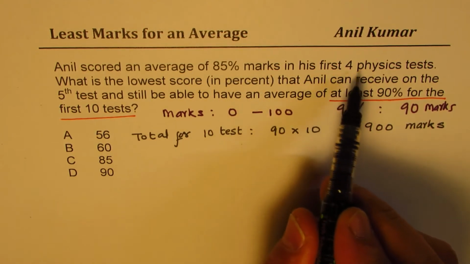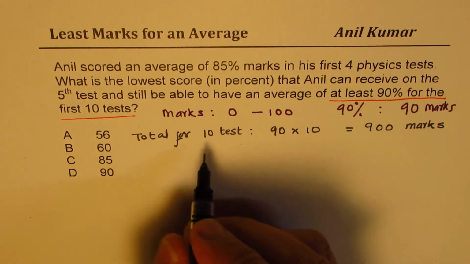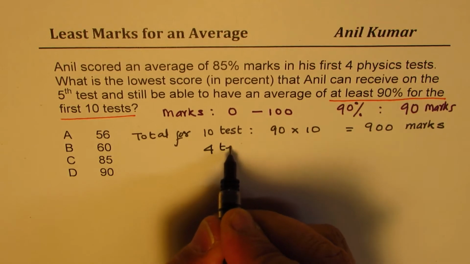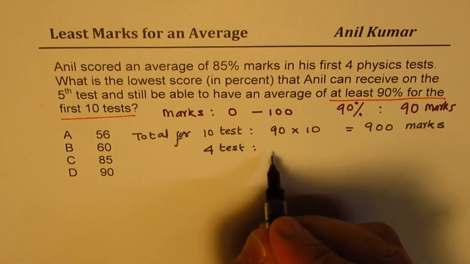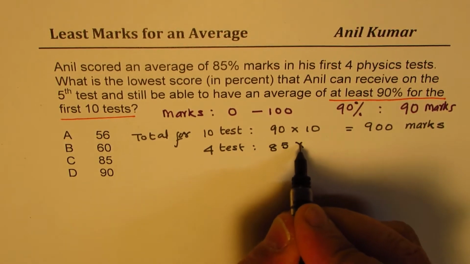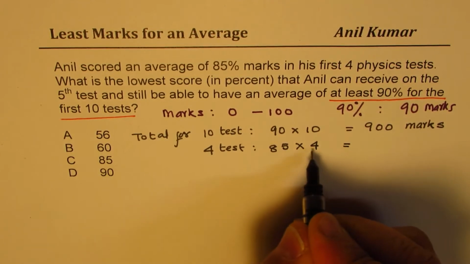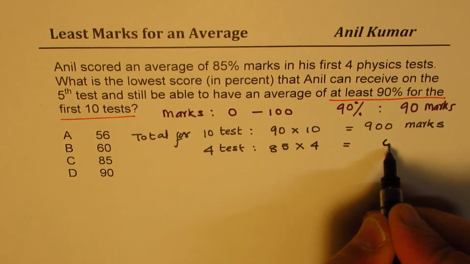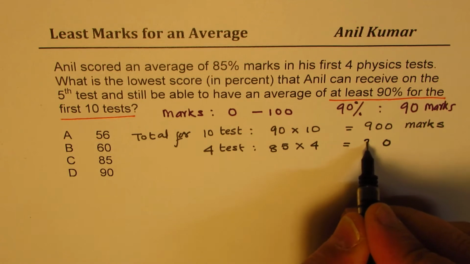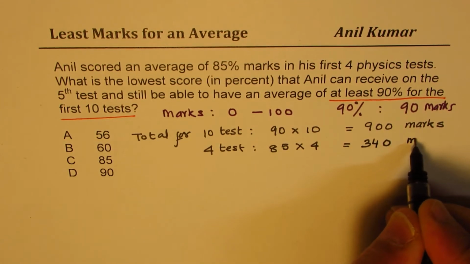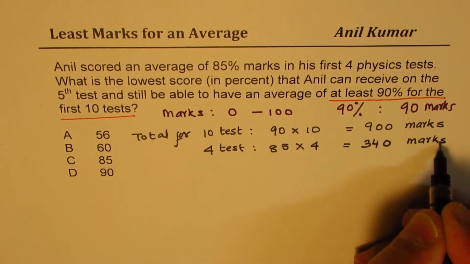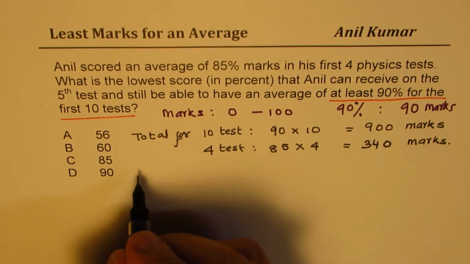85% marks in the first 4. That is the average. So in 4 tests, the total marks is 85 times 4, which is 4 times 5, 20, 32 and 2, 34. So many marks we already have. So what is the balance?